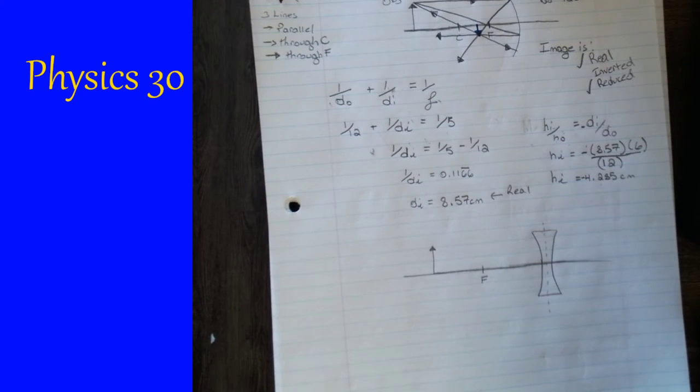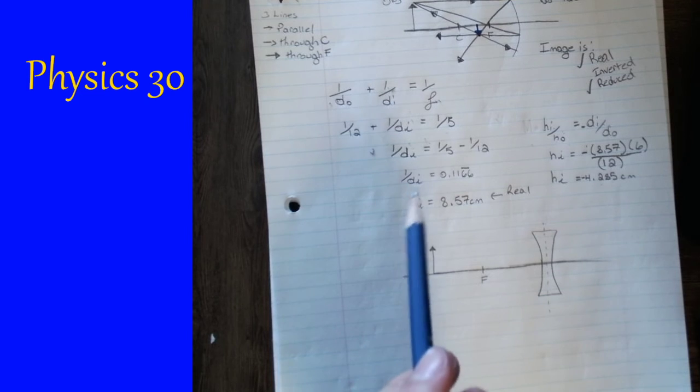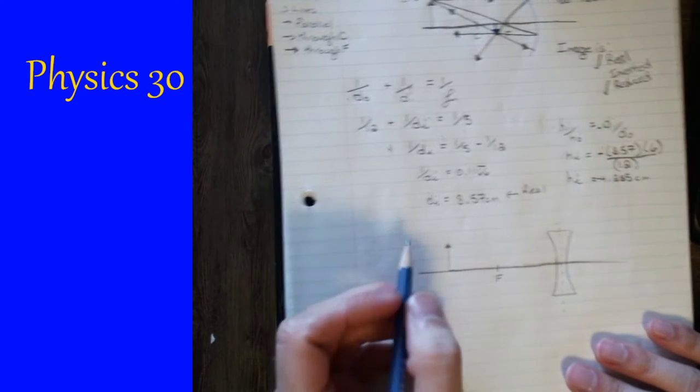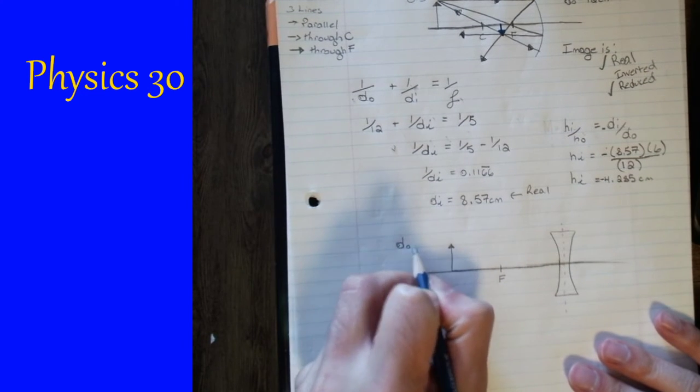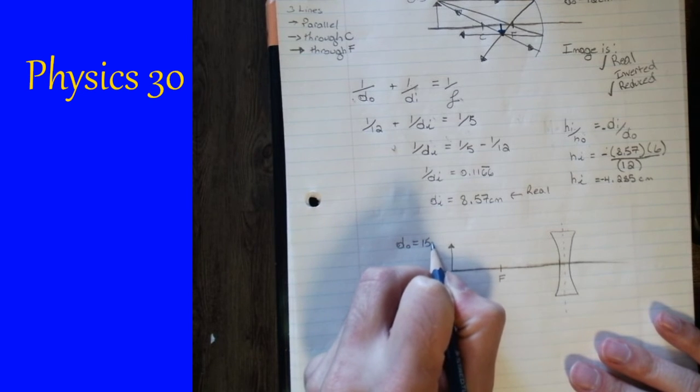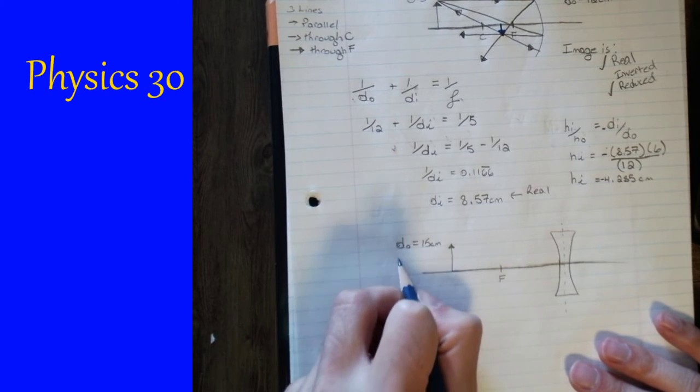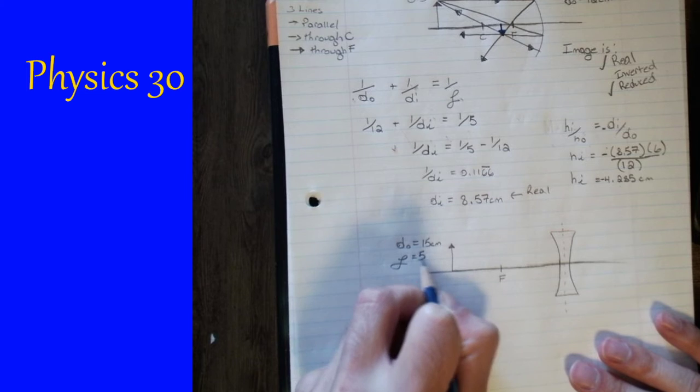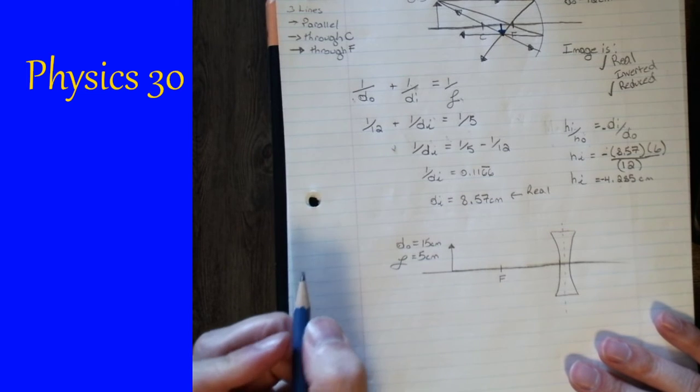Okay, well, let's take a look at a diverging lens. And we'll both draw the way the light will refract through this lens, as well as we'll do some math. So to set up for the math, we'll do object distance of 15 centimeters. Focal length will be 5 centimeters once more.